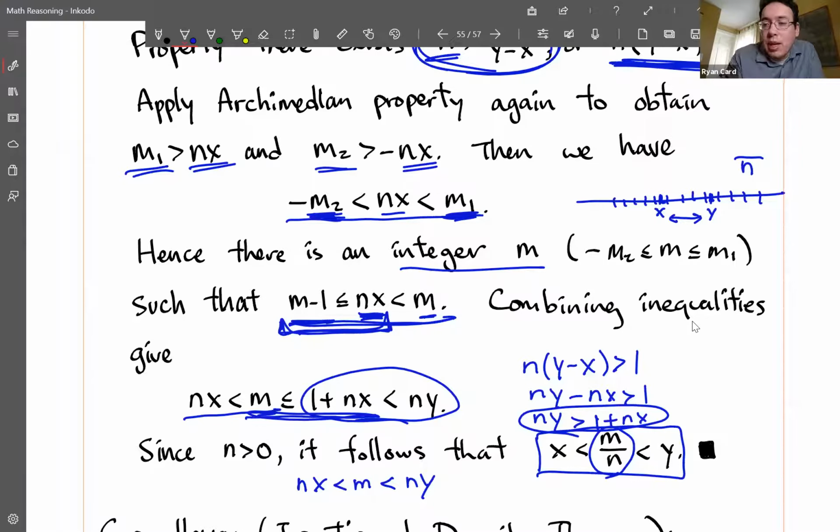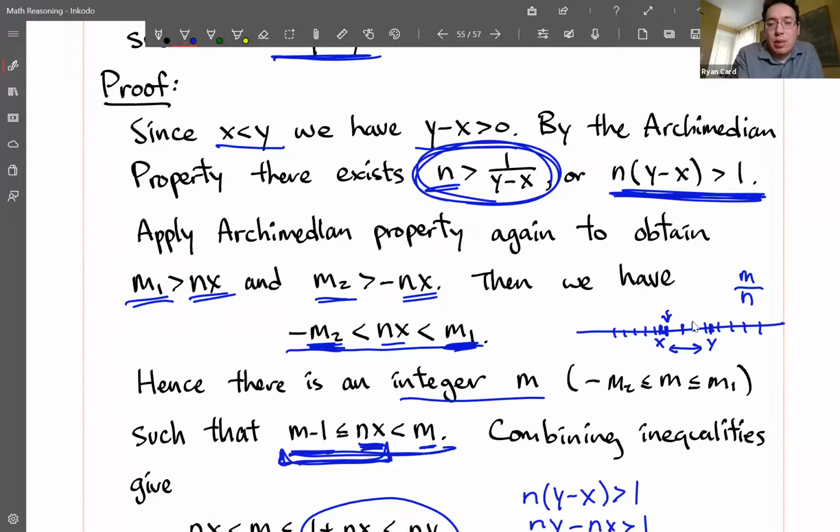And then we'll find an m that fits in between. Once you break down into notches, you just pick the right numerator so it's stuck in between x and y. To do that, you need notch sizes to be small enough compared to the interval between x and y.